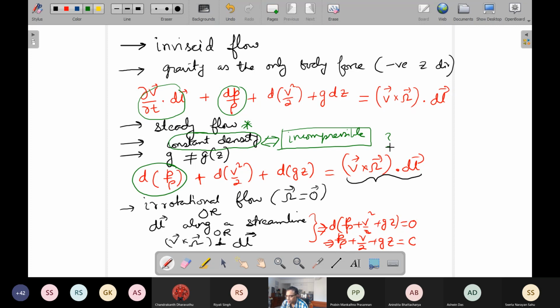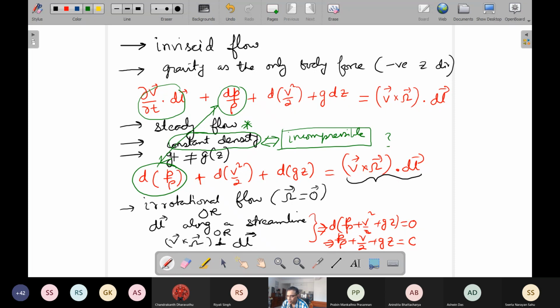So of course, constant density will imply incompressible, but incompressible will not always imply constant density, as we have discussed earlier. But the bigger question is, if it is a variable density incompressible flow, that is incompressible but density is variable, can we still use this equivalence?